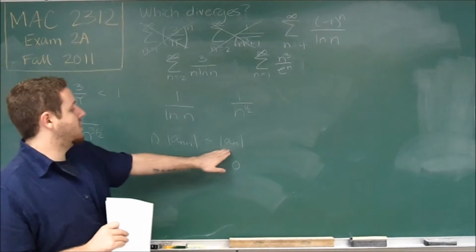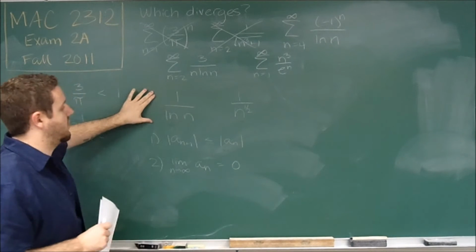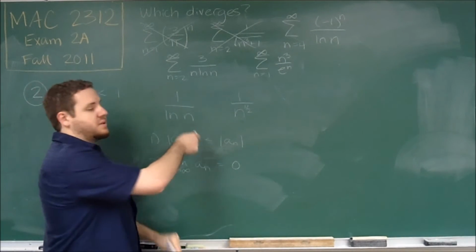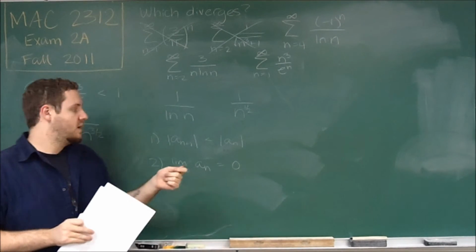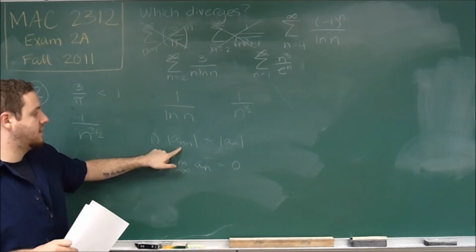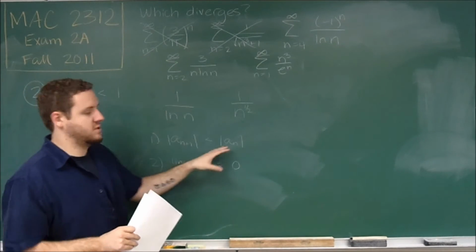So here, for this one, we're looking at the absolute value, meaning not the alternating part. We're just looking at 1 over ln n. Well, ln n is a strictly increasing function. If you plug in bigger n's, ln of n is bigger. Therefore, when you plug in a 1 higher n into this, the denominator is going to be bigger, meaning the function is going to be smaller.